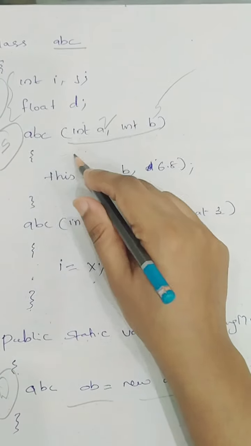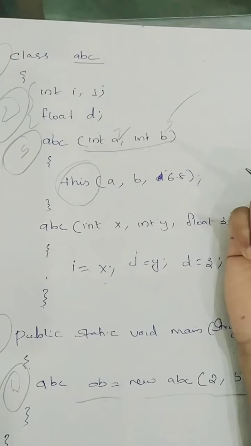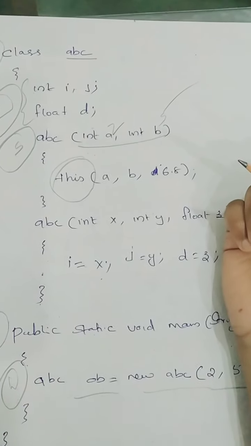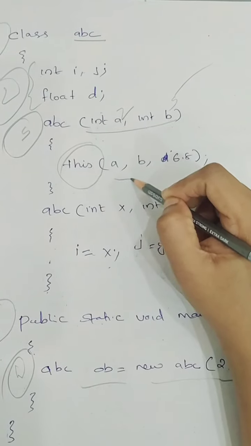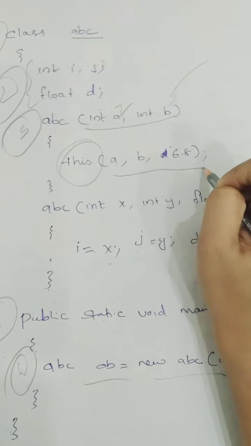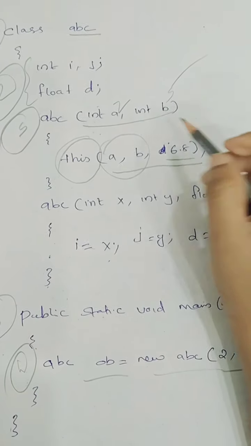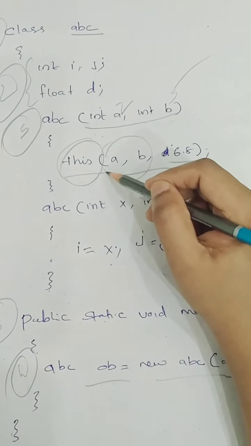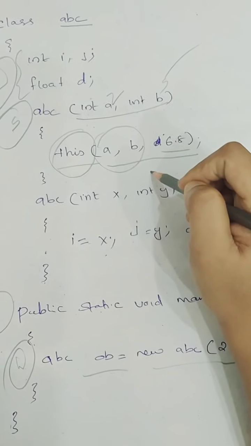So here it is this. This means this is used to call the constructor. It will check which is a constructor having 3 arguments, 2 are integer, 1 is float. By using this, we can call a constructor inside another constructor.